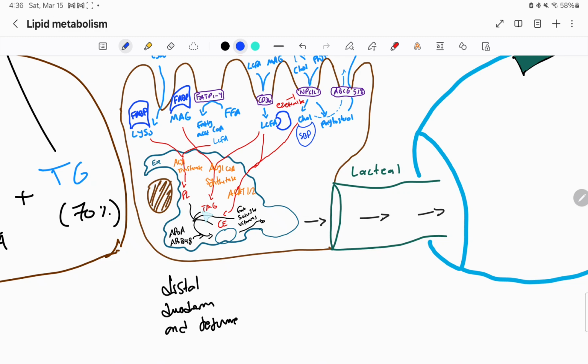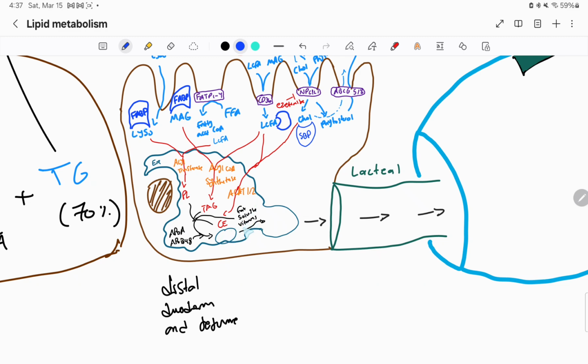We turned them back into originally what they were: the phospholipid, the triacylglycerol, and the cholesterol ester. Within the endoplasmic reticulum of this enterocyte, we added some proteins on the surface of it, like ApoA and ApoB48, and then we put this guy out into the circulation. What did we call that guy?